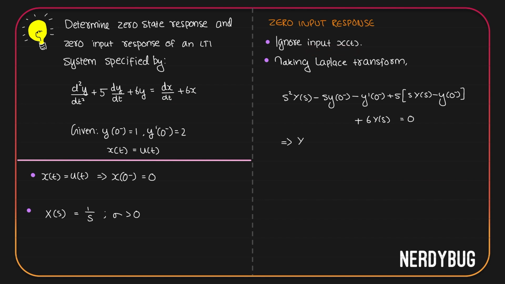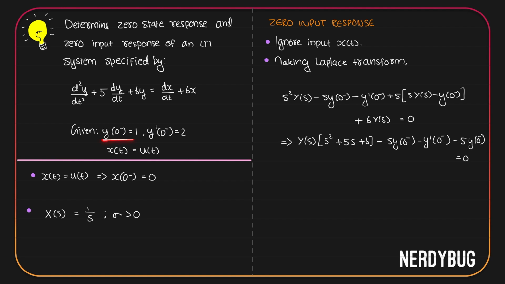Combining the terms, we can write y of s multiplied by s square plus 5s plus 6, minus s y of 0 minus, y dash of 0 minus, 5y of 0 minus is equal to 0.